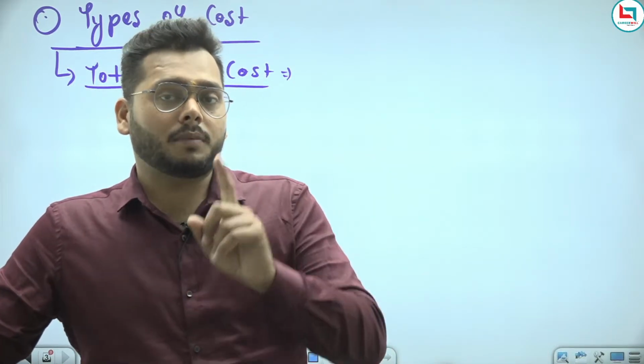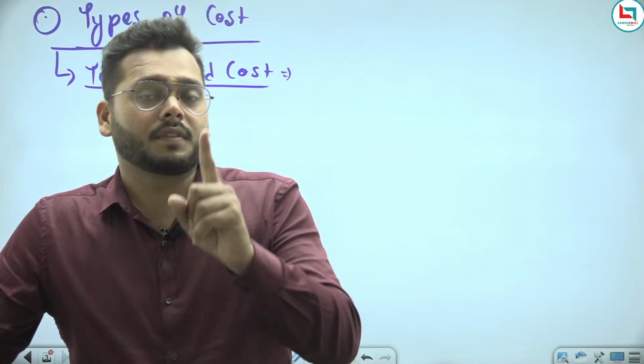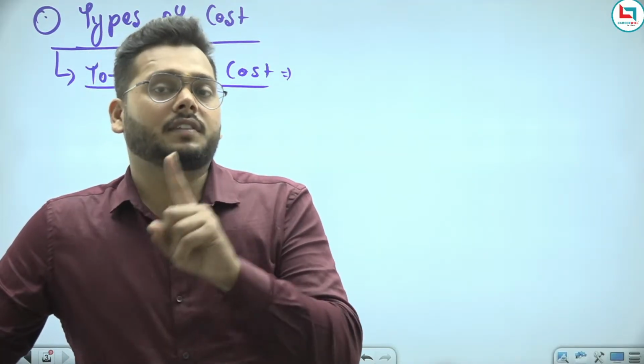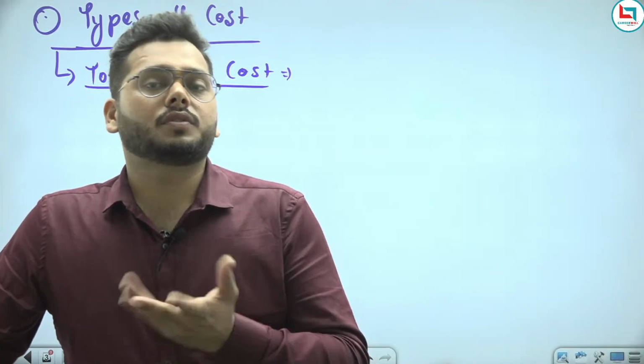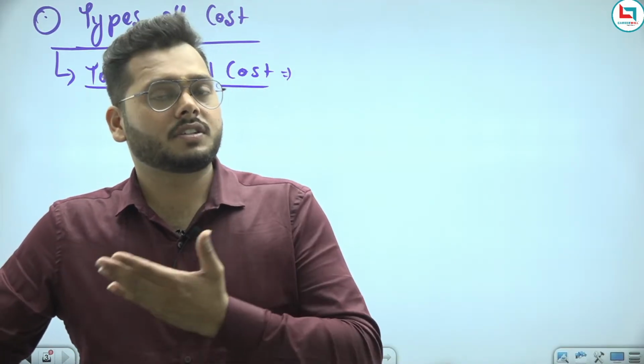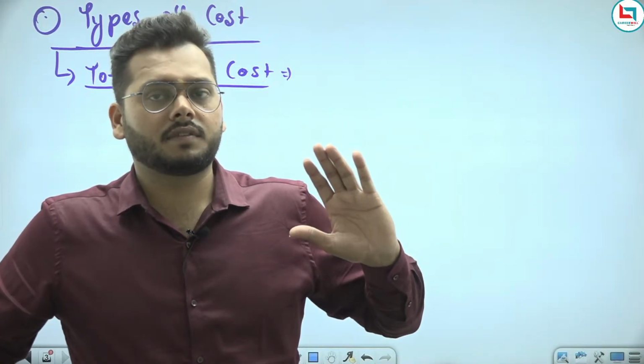You have studied in the production function. I have already told you about the factors. The first one is fixed factor, another one is variable factor, right? The fixed factor is always fixed all the time for the production of goods and services.